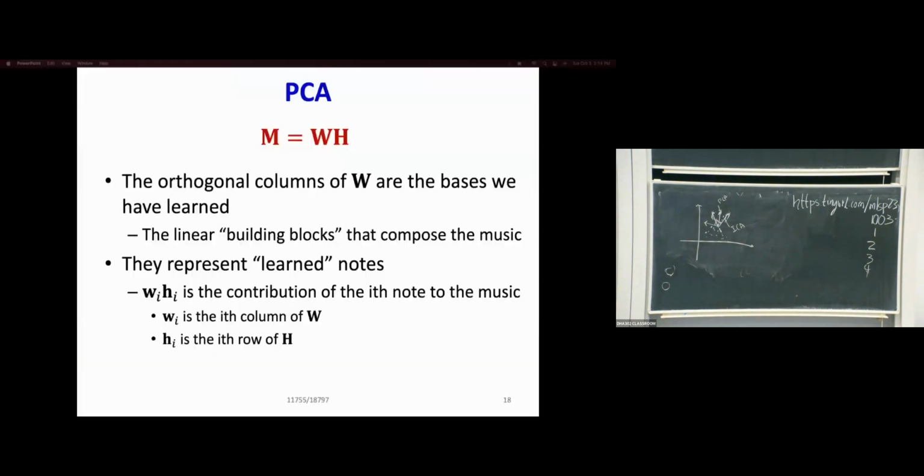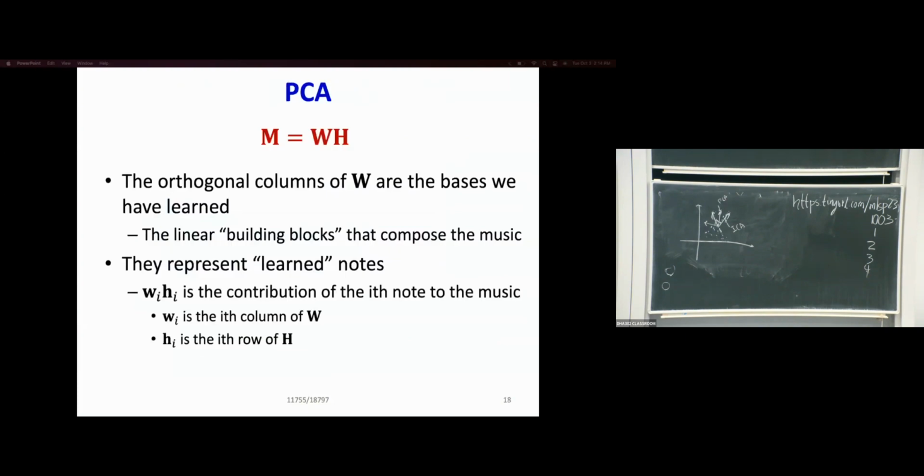Okay, so with PCA, just to recap, we wanted to make the columns of W orthogonal. That way, there's no relationship between the bases. We don't want one base to explain another. They're the building blocks, and the dot product is like the contribution, the score that one base has towards the overall music.